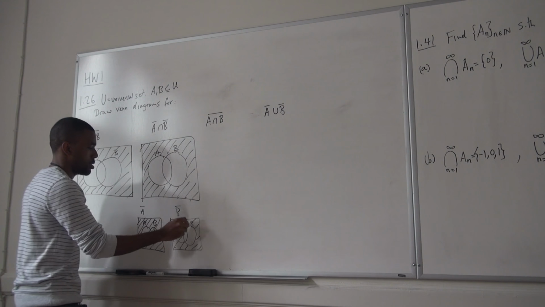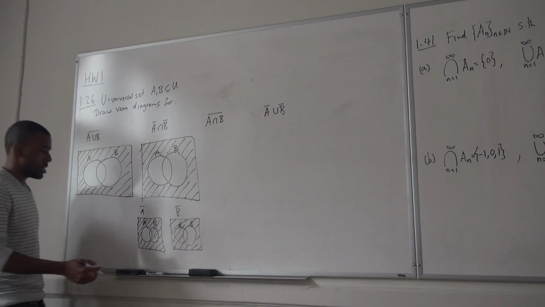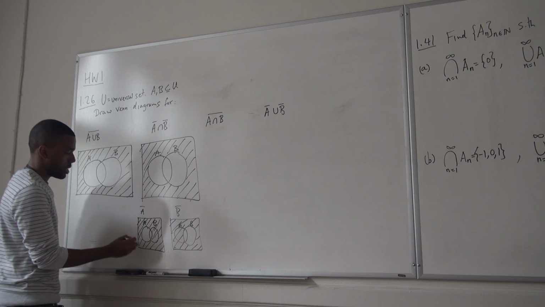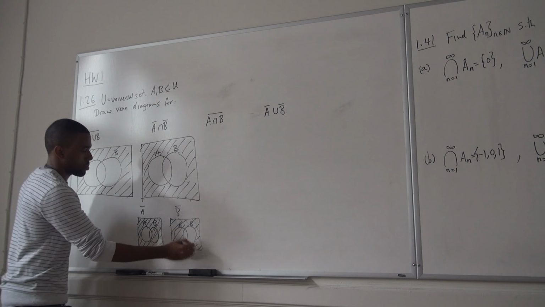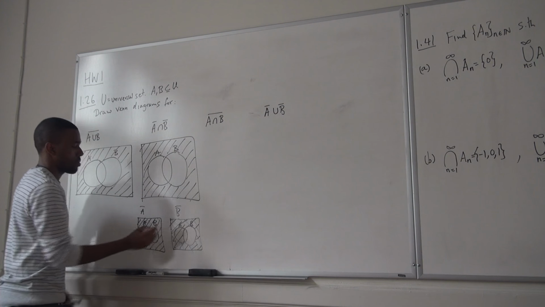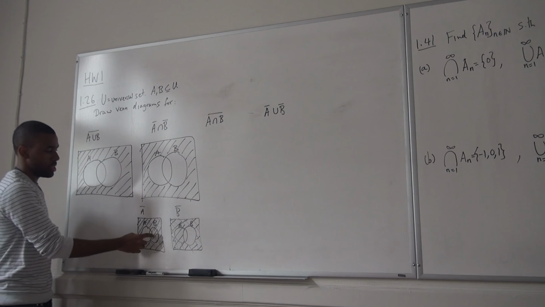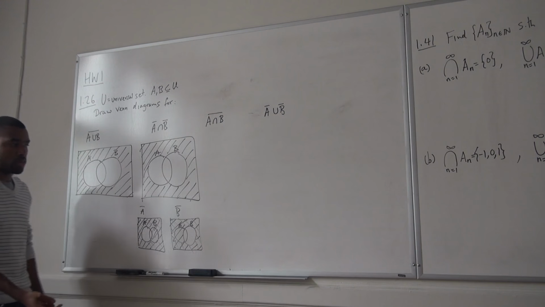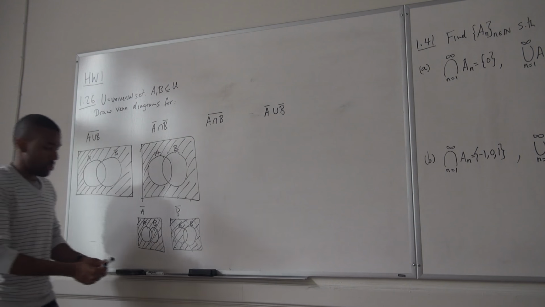This is A and B. And so the intersection, the parts that are shaded in both, is actually just the outside. Because this is shaded in this one, but it's not shaded in that one, and this is shaded in this one, but it's not shaded in that one, therefore it's not an intersection. It ends up being everything outside.